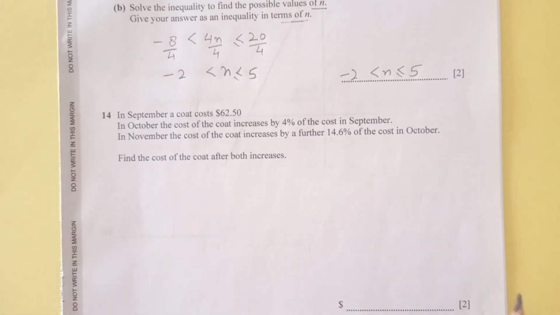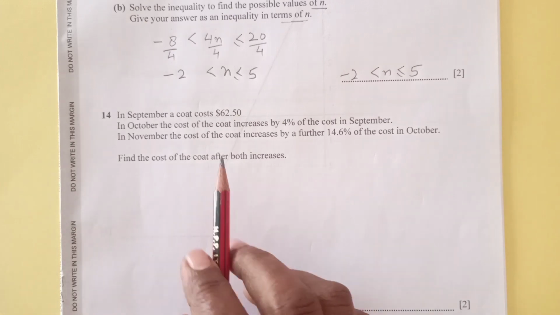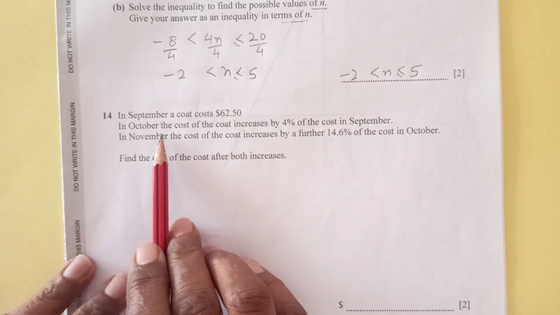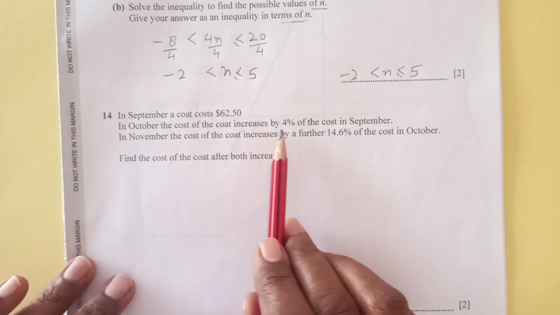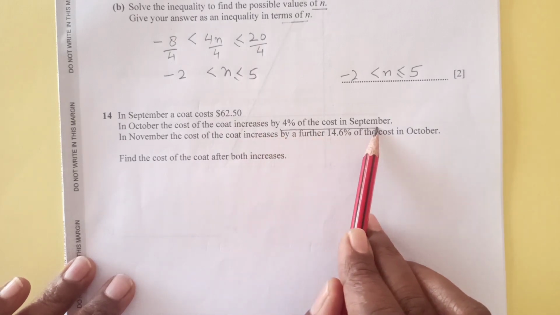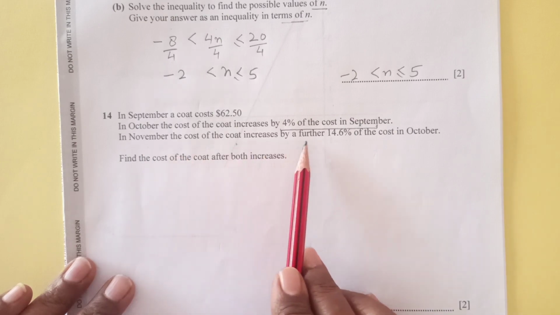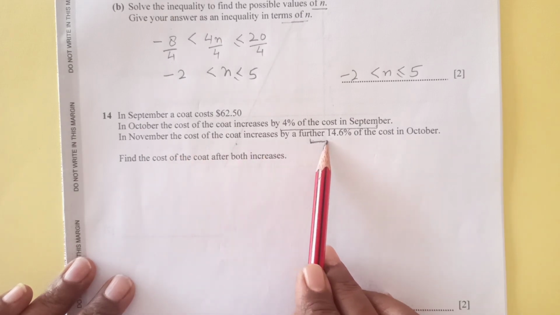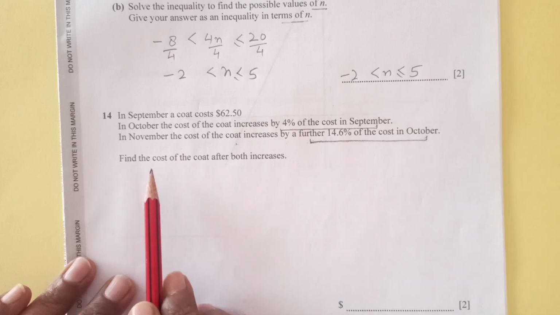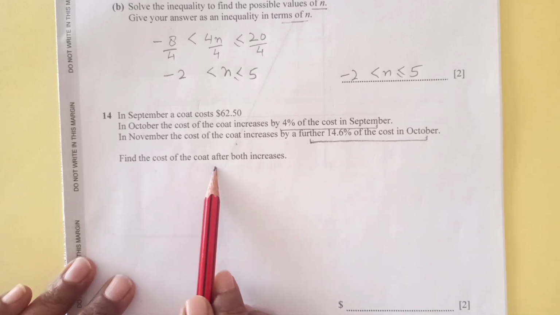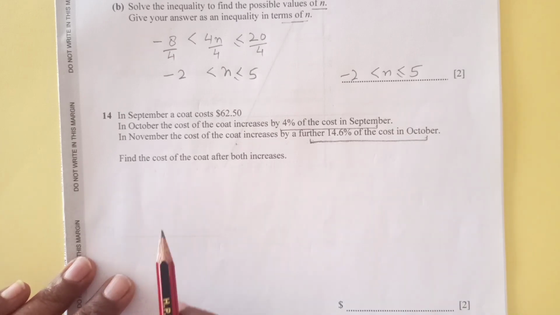Right? Now number 14. In September a coat cost $62.50. In October the cost increases by 4% of the cost in September. In November the cost of the coat increases by a further 14.6% of the cost in October. Find the cost of the coat after both increases.